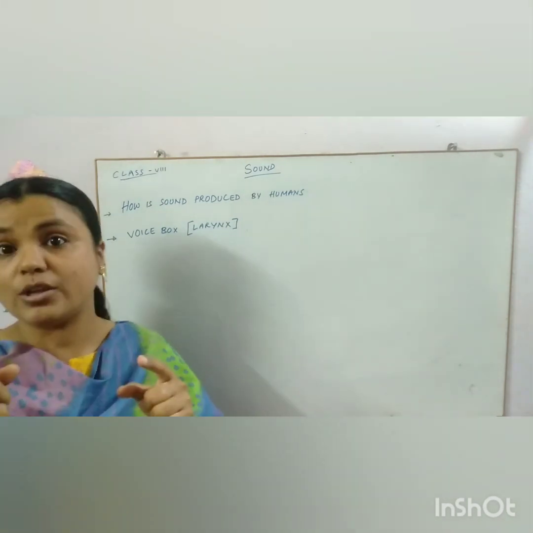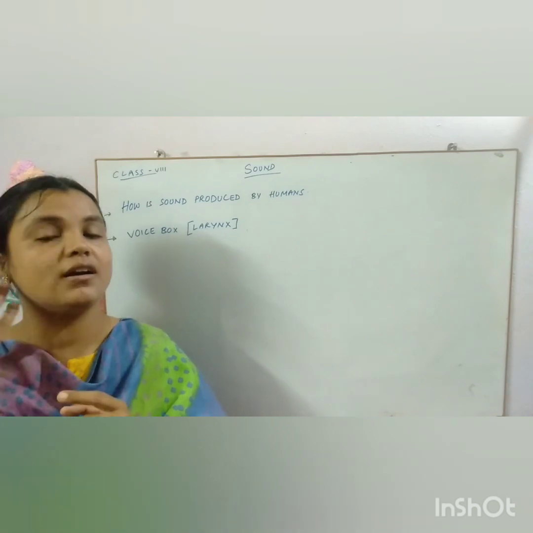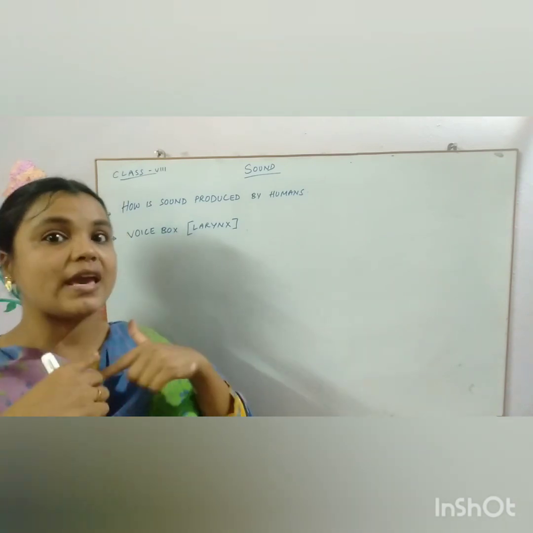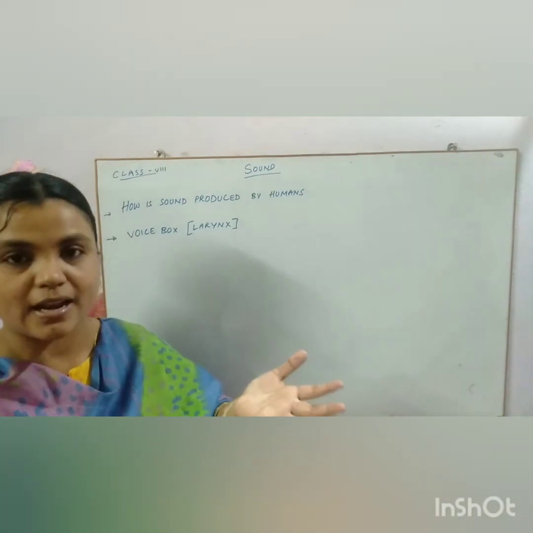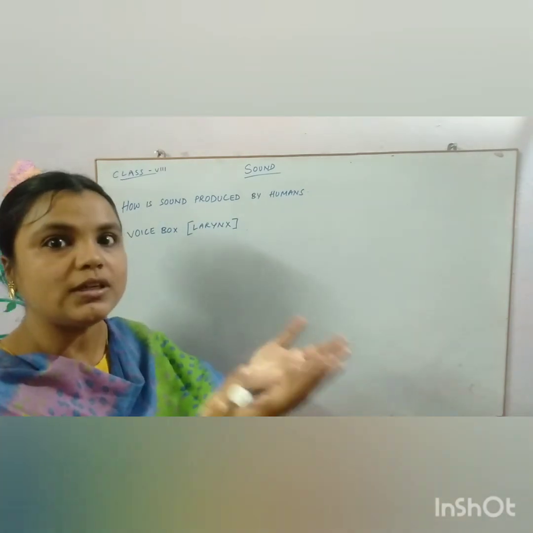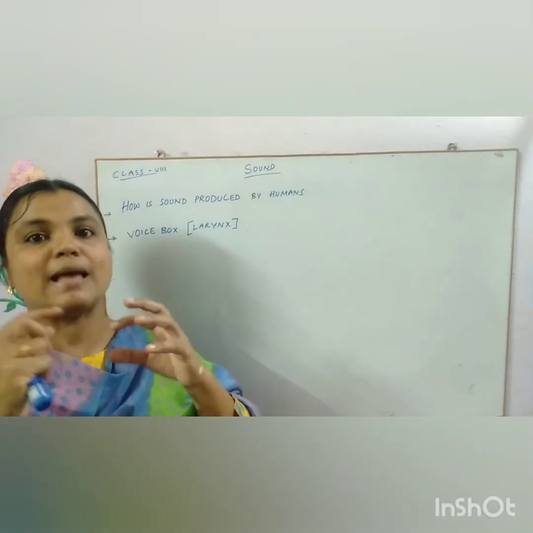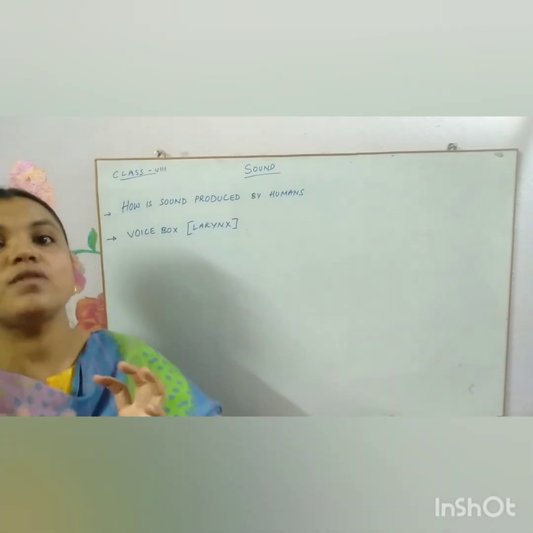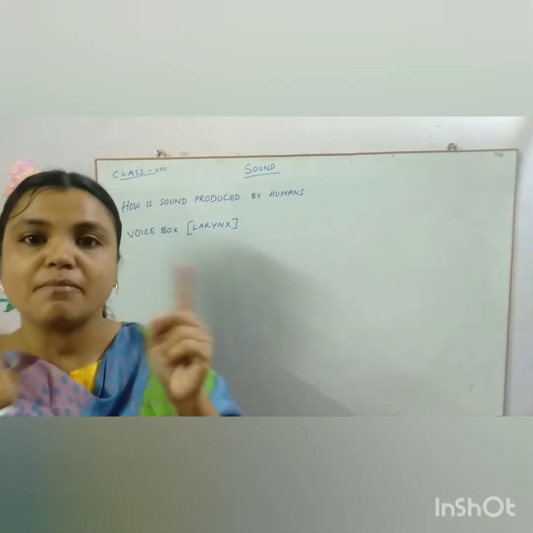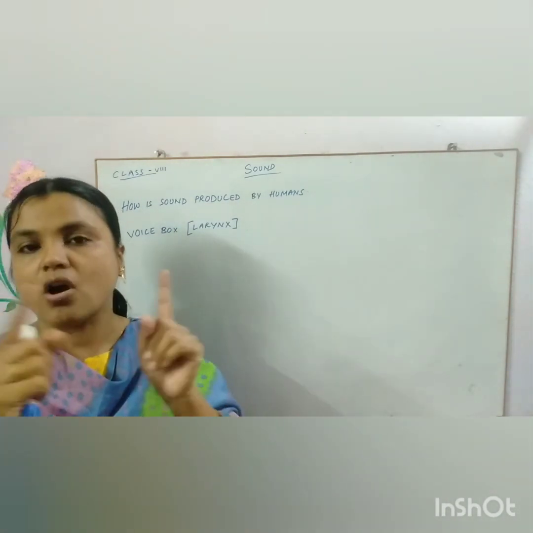When they vibrate, you would have noticed that whenever we speak, we exhale air, we expel out air. So when the air is coming out, it is producing the sound. That means this force of air that is coming out is making the vocal cords vibrate.